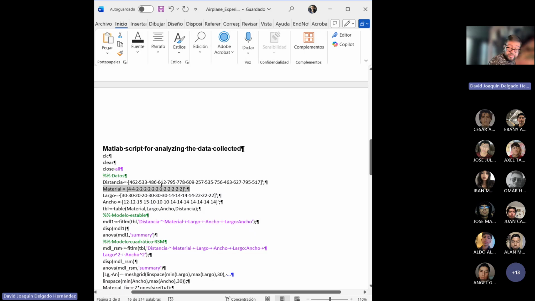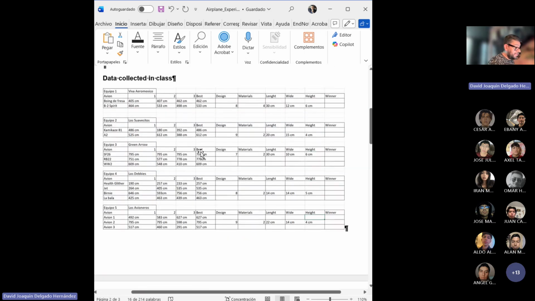Each of these quantities corresponds to the data that we collected in this table, okay? Again, don't worry about that at this moment. You should learn about how to do this in the future at the end of this course. But for the time being, I would like to show you where we are going.